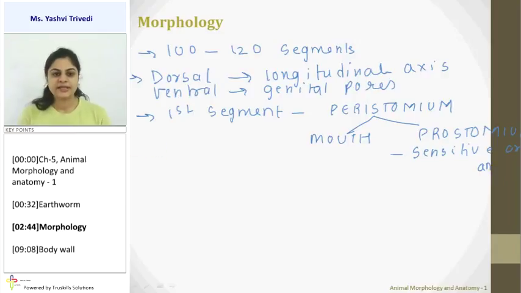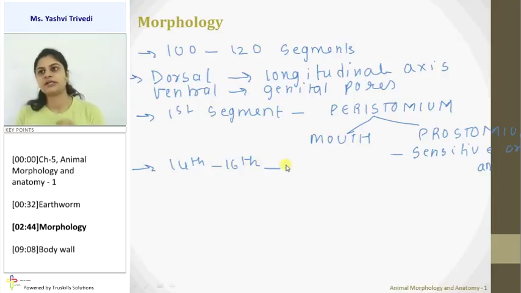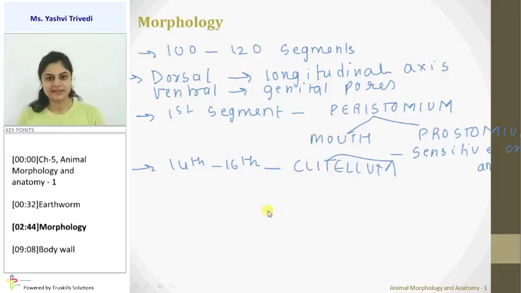In the mature earthworm, between the 14th to 16th segment, there is a dark median gland present. That gland is called the clitellum. Through this clitellum, the body is divided into three parts. The part before the clitellum, segments 1 to 13, is pre-clitellar.